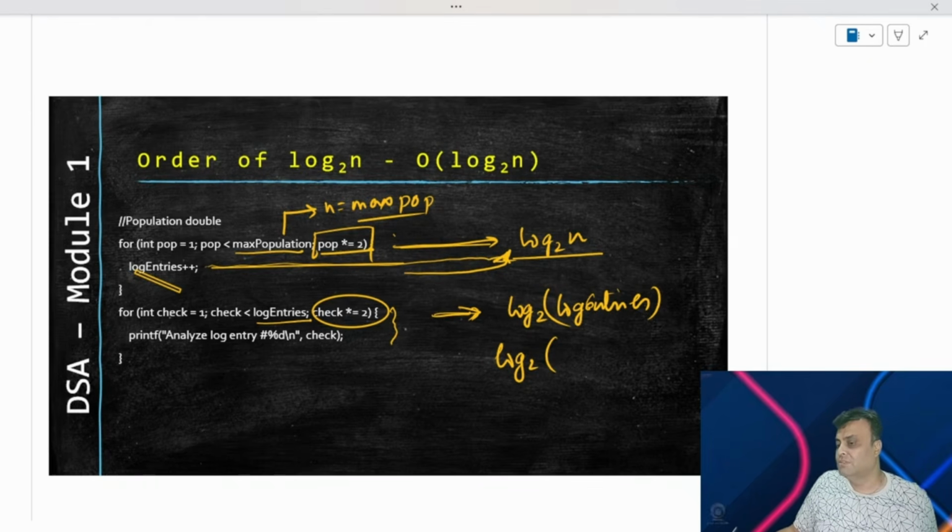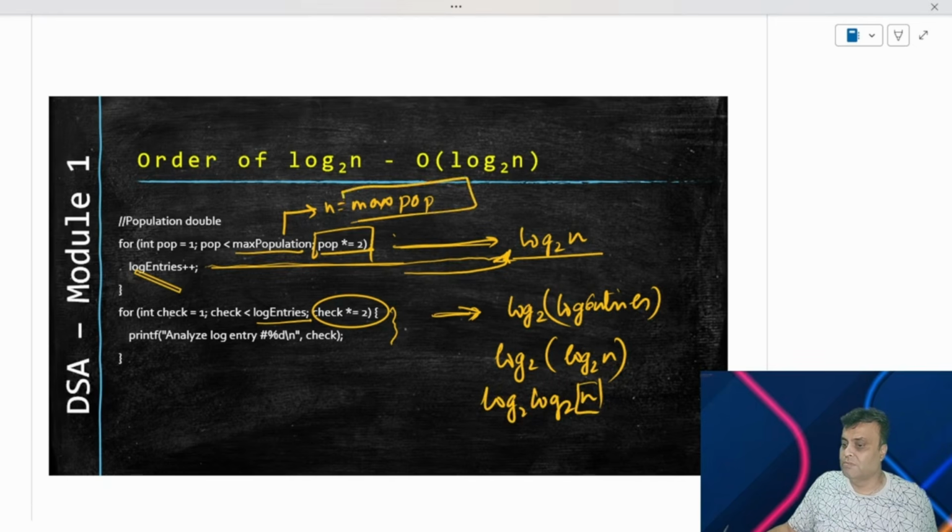So can I therefore write this as log base 2 of log base 2 of n? Which means that this is log base 2 of n, and this n actually stands for your max population, right? So this entry, which is log base 2 of n, is the time complexity for this particular for loop.